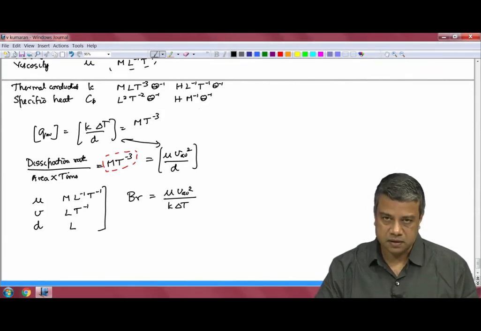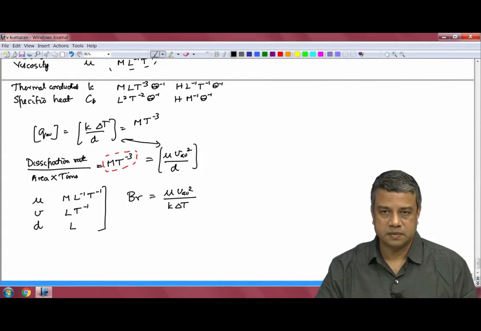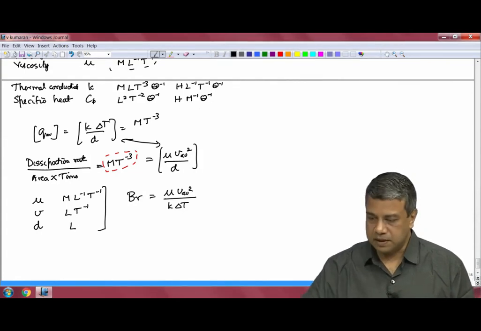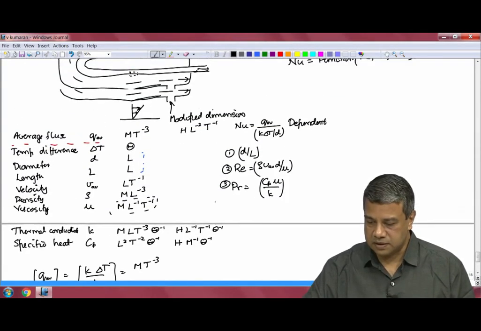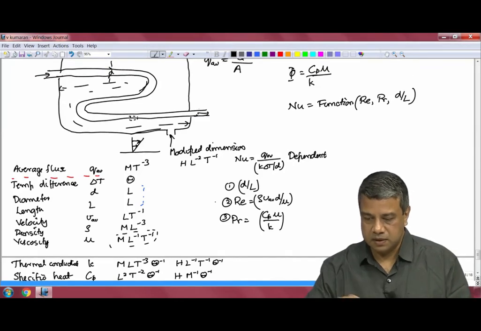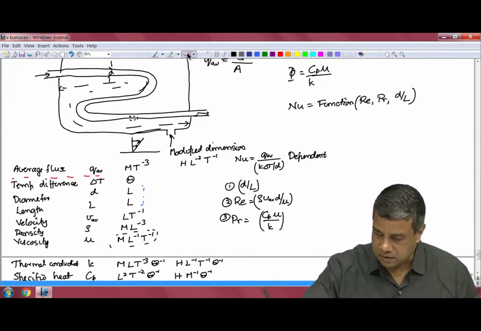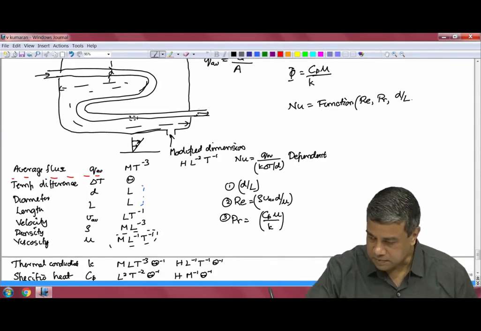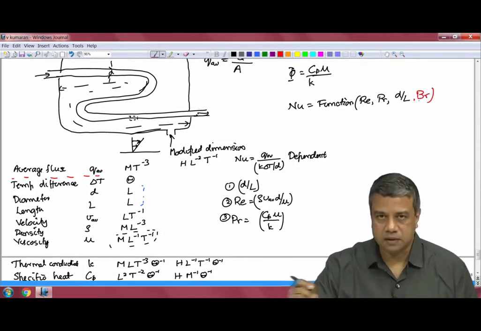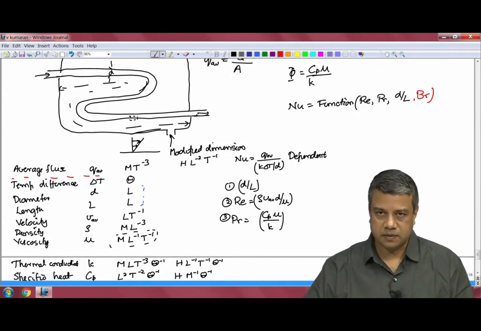If this number is not small, then you cannot make that assumption, and the correlation for the Sherwood number, for the Nusselt number, would also depend on this Brinkman number.